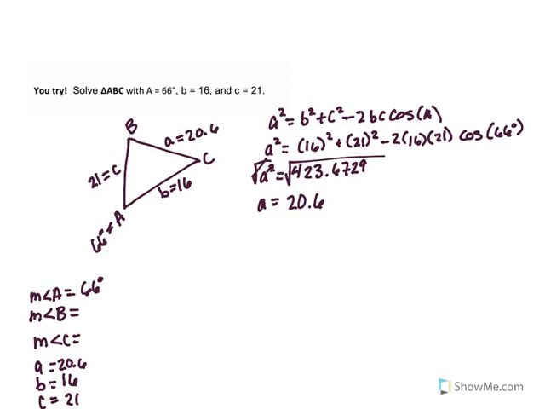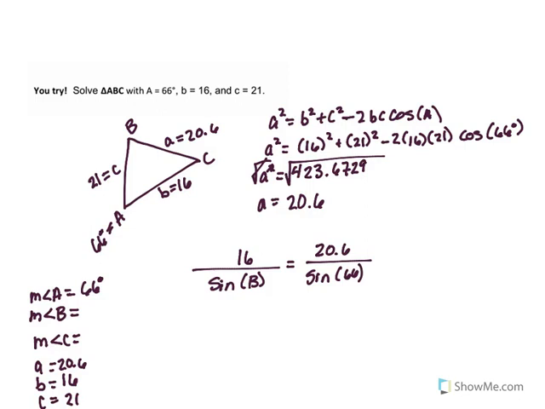Alright, at this point, we have side angle side here. We could totally do law of sines, or we could do law of cosines to find one of those other angles. I'm going to do law of sines because, let's be honest, it is so much shorter. So let's find B. So let's do 16 over the sine of B equals, and if I'm going to do that, I have to use A because I don't have angle C, so I can't use C. So I have 20.6 over the sine of 66.